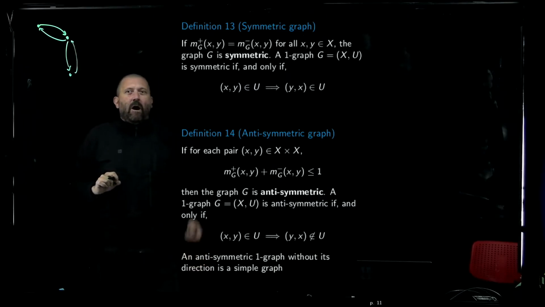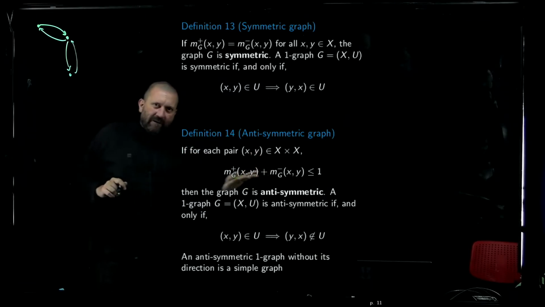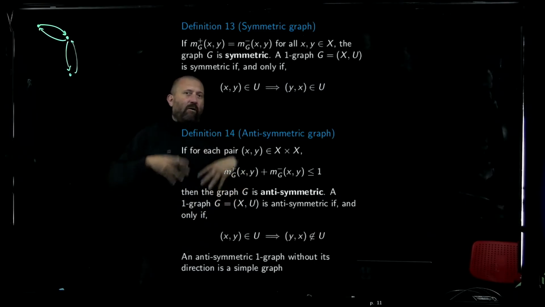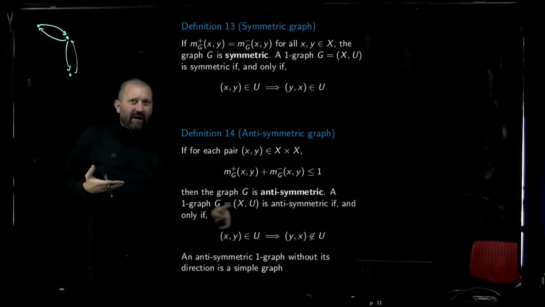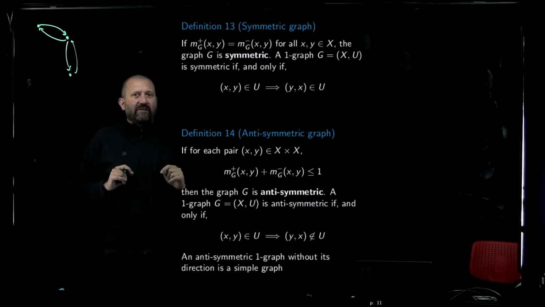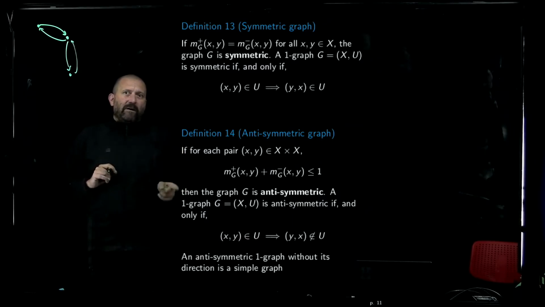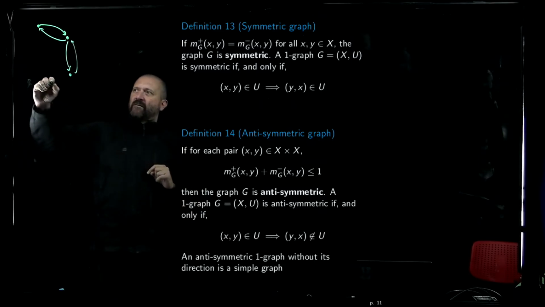Okay. A graph is anti-symmetric, and again, we have the general definition in the case of multi-arrows, but let's look at the single arrow case. If we have a one graph, then the graph is anti-symmetric if and only if the presence of an arc in one direction implies absence of the arc in the other direction.